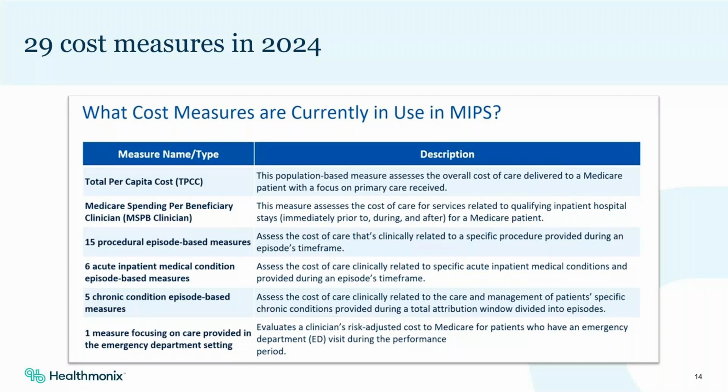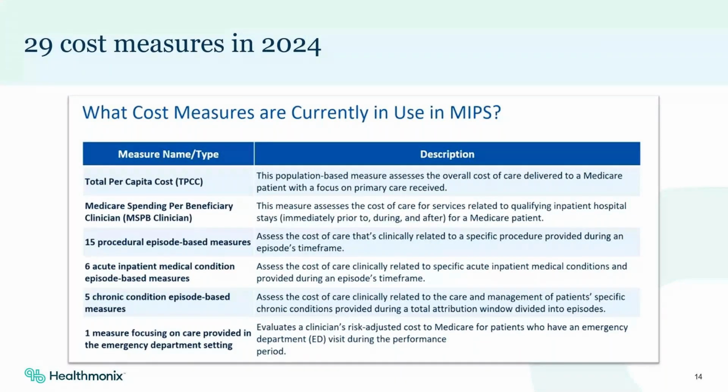So then we have procedural episode-based measures. These are focused more on a specific procedure. All of the rest of these basically are more attributed to specific types of practices. At least the procedural and then acute inpatient medical condition, those are typically high cost procedures that are done in a specialized environment.